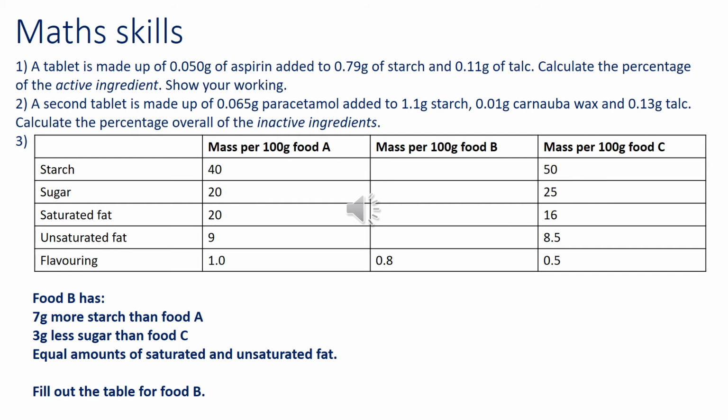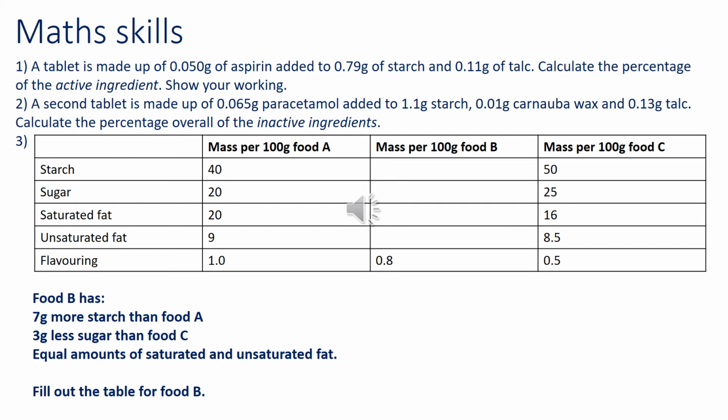So calculate the percentage of the active ingredient. Show your working. So for question number 1, you need to identify the active ingredient first. It is a tablet. And then work out the percentage of the active ingredient. So think about the formula and use the formula to work out the percentage.